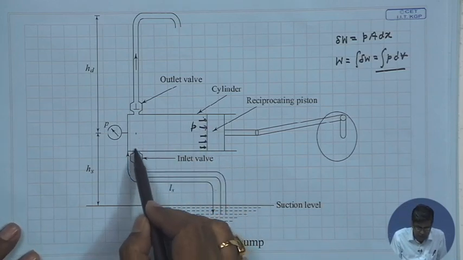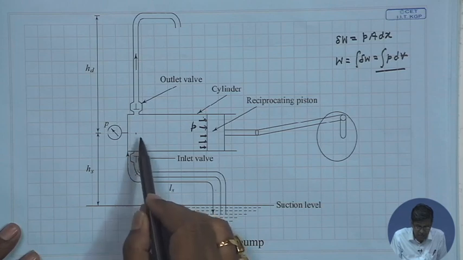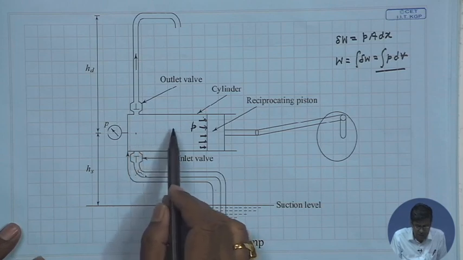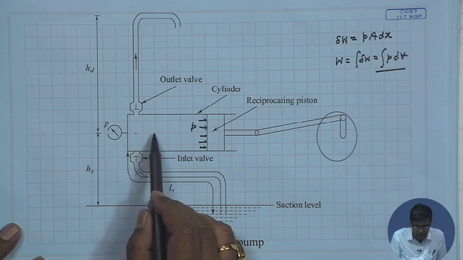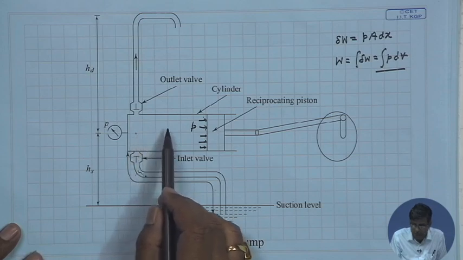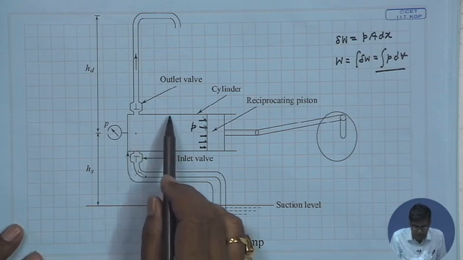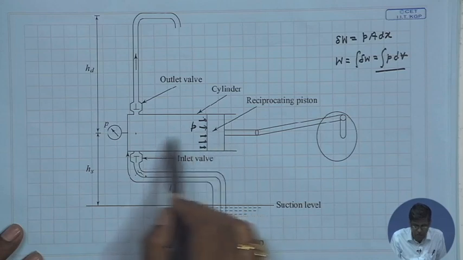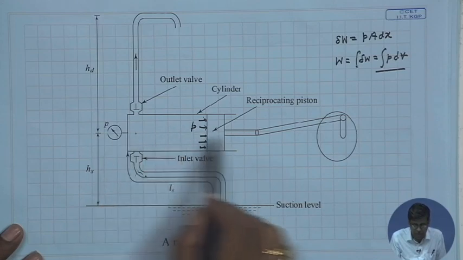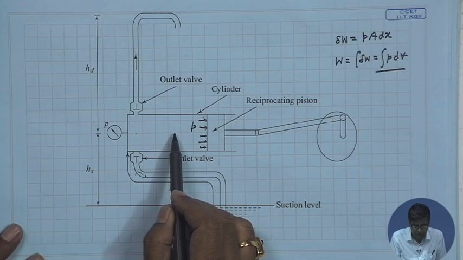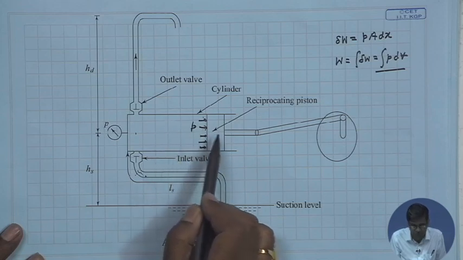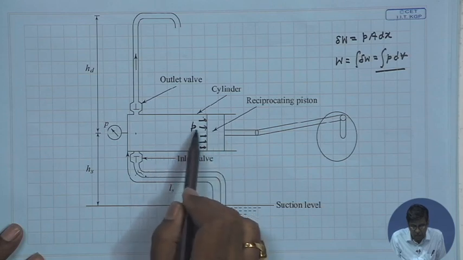So, more head will be required to draw this, and the acceleration ultimately reduces. As I told, it starts at the beginning, but ultimately there is an increase in velocity and the acceleration reduces, and in the middle of the stroke, if we consider this to be simple harmonic motion, velocity will be maximum and the acceleration will be zero. And then acceleration switches its direction. That means it goes on to retardation.